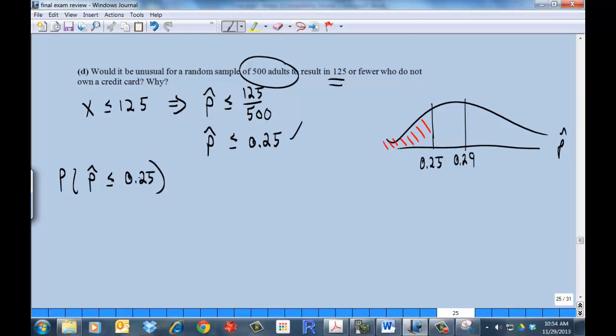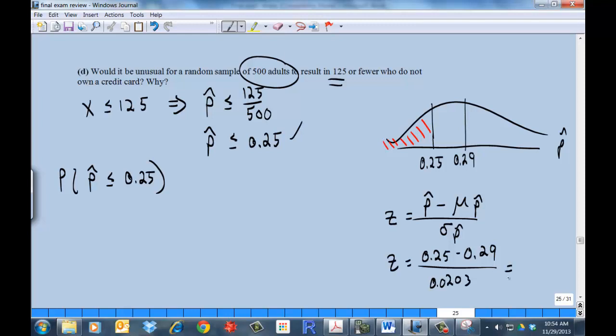Now we have to convert our boundary point. I think we converted the boundary point before, but we'll do it again. Minus mu over sigma p hat. So 0.25 minus 0.29 over standard deviation 0.0203. Rounding to 2 decimal places, we get a z-score of minus 1.97.